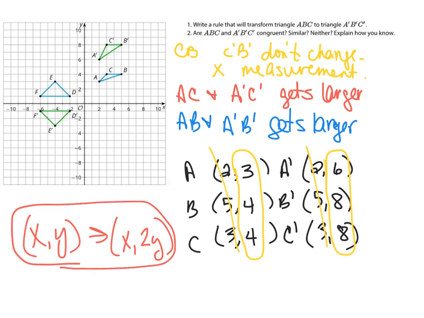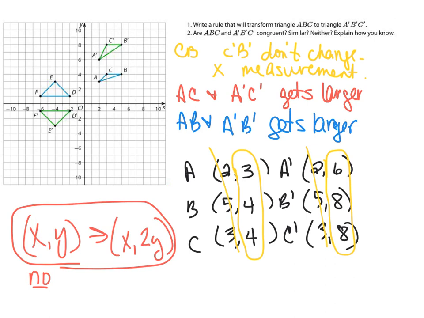All right. Number 2 says, are ABC and A prime, B prime, C prime congruent? No, not congruent. Okay, our angles are not equal. We have no equal angles just by looking at them. And I always tell you guys, don't make geometric judgment calls by looks.